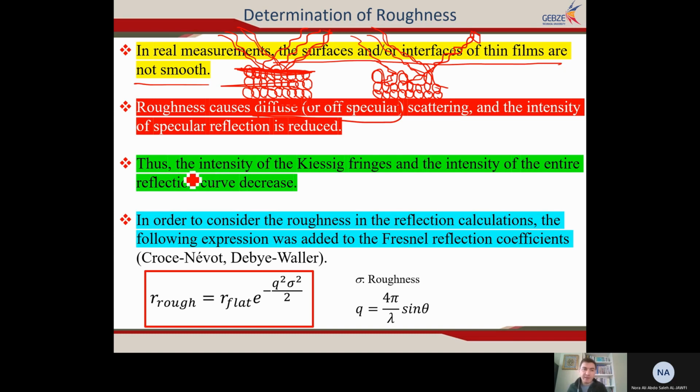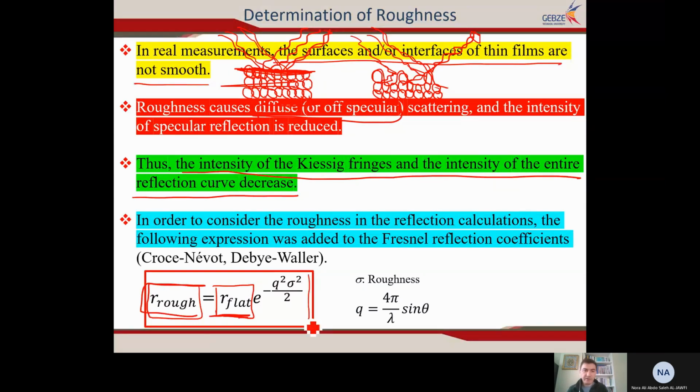Then the intensity of the Kiessig fringes and the intensity of the entire reflection curve will decrease. We will discuss this. We have calculated the Fresnel reflection coefficient for ideal flat surfaces. But if you consider roughness, then what about the reflection from rough surfaces?